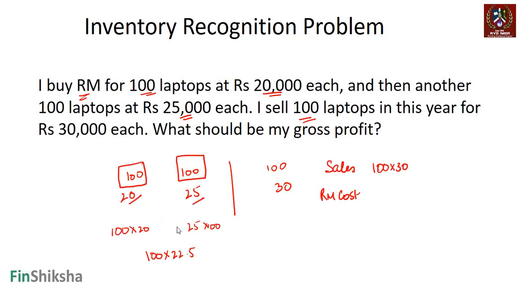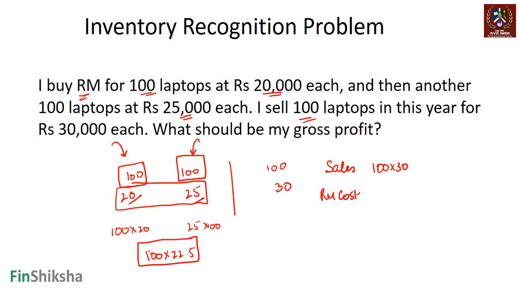Now, what do I include there? Because that's going to be a tricky issue. Whether I assume that the first 100 laptops for which I got the raw material are the ones I'm selling, or whether I assume that the last 100 laptops are the ones I sell, or whether I just take an average and consider the average cost of those.